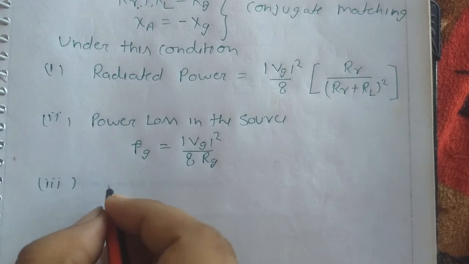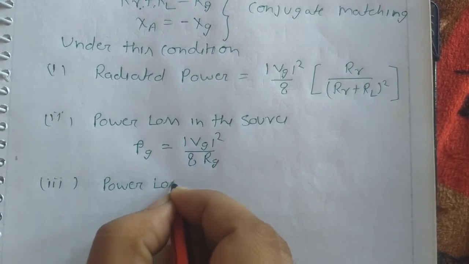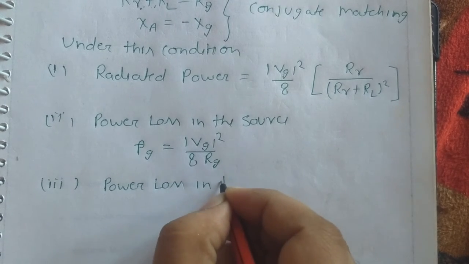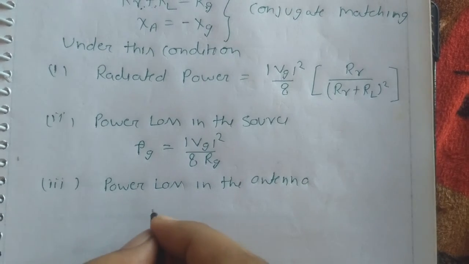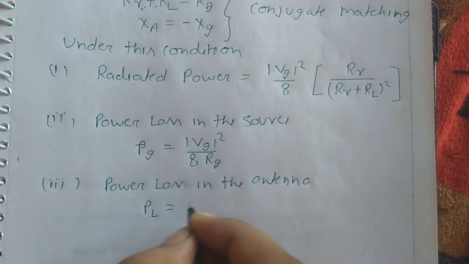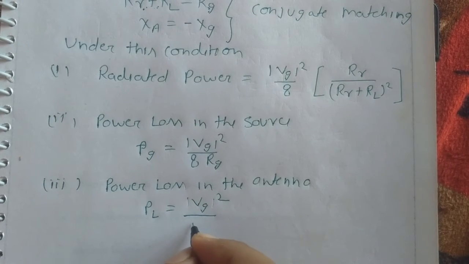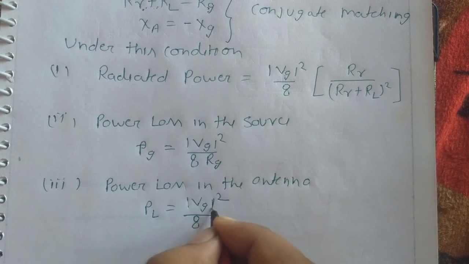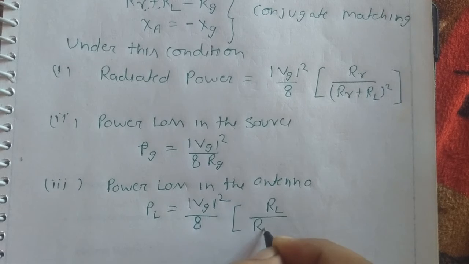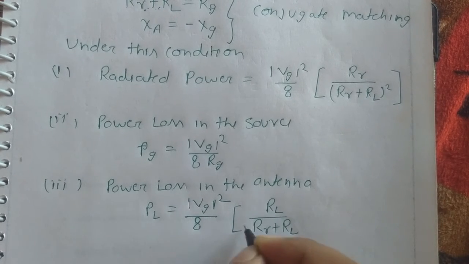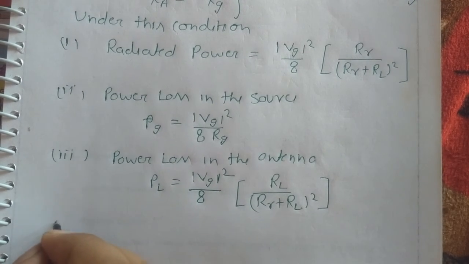Third, power loss in the antenna, PL equal to mod of Vg square divided by 8 into RL divided by (RR plus RL) whole square.